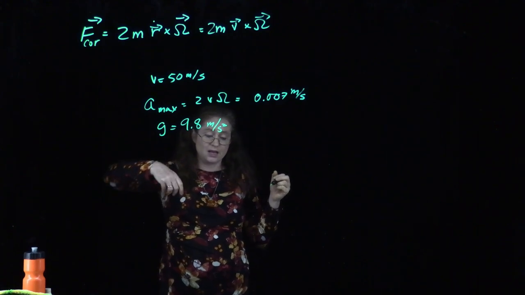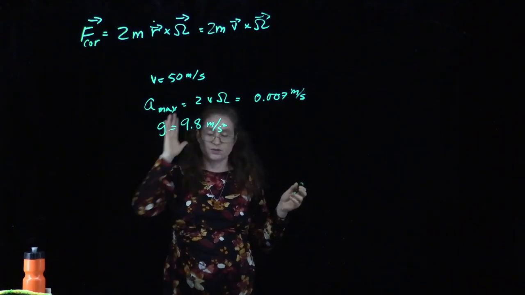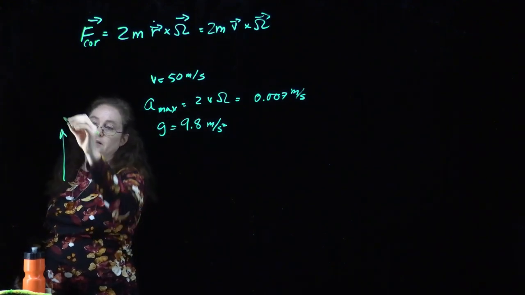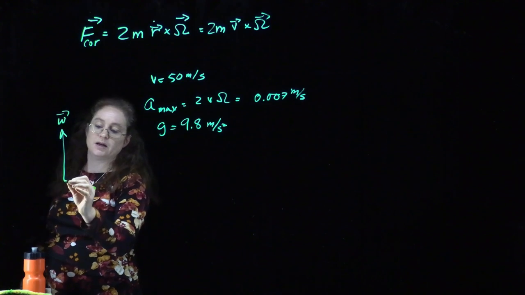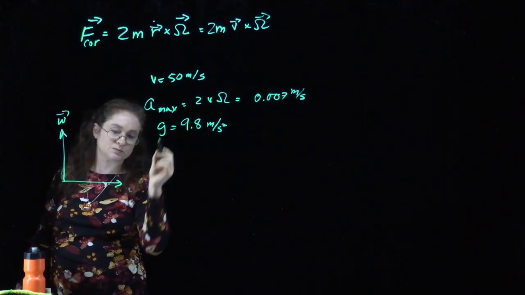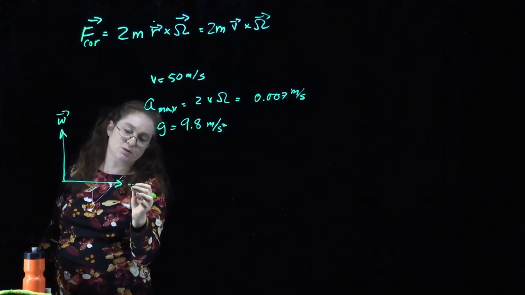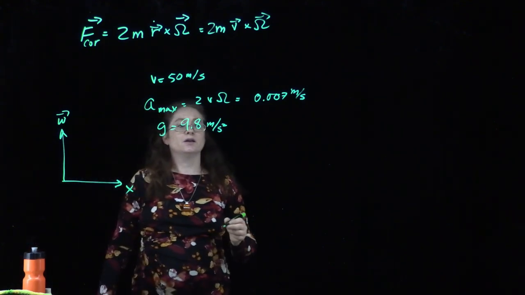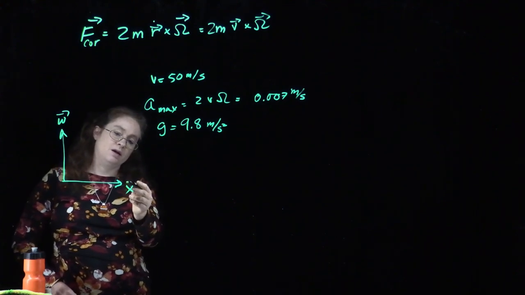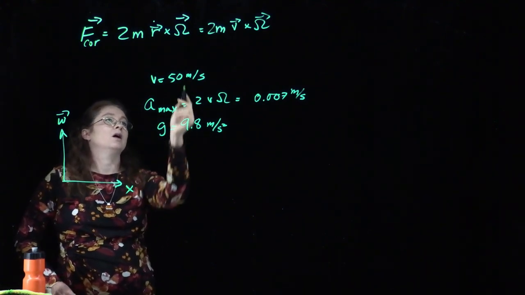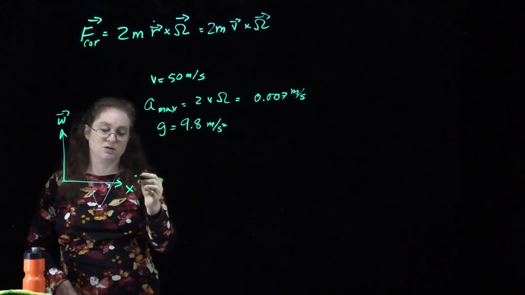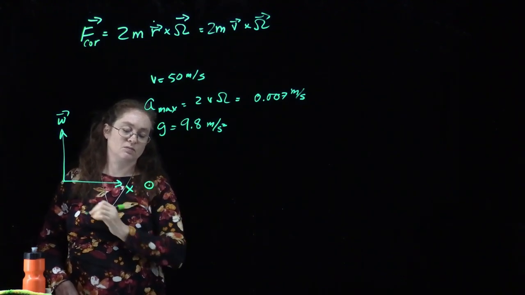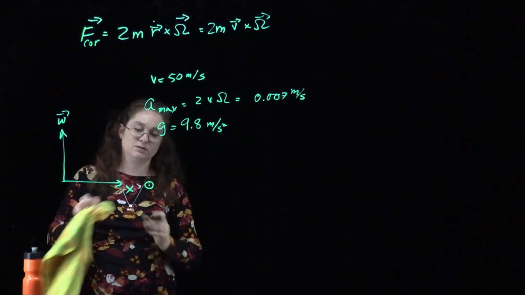So if I am here, this is going to be a little tricky for me to work out. This is omega, and I am standing at the equator. So here I've got x, and here I have v cross omega.